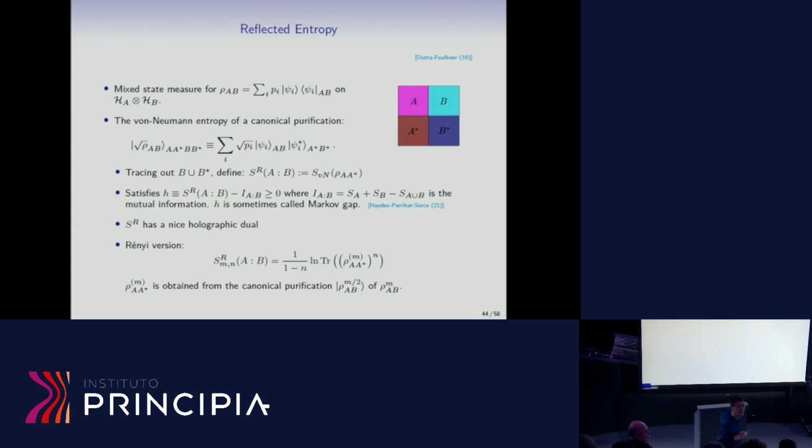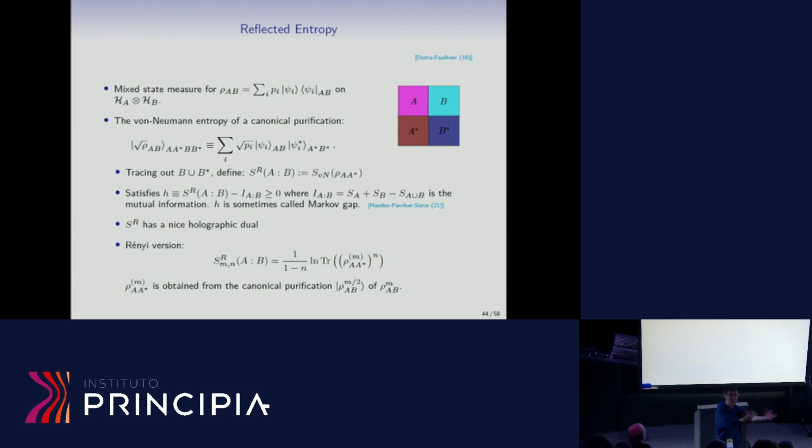This nice holographic dual, you mean the wedge cross section? Yes, this is related to something called the entanglement wedge cross section. It was settled that this is the quantity being measured, because there is also this version by Takayanagi. That's right. They do something similar, but minimize over all possibilities. I think it is more or less settled, or in physicist terms, established, that this is dual to the entanglement wedge cross section.